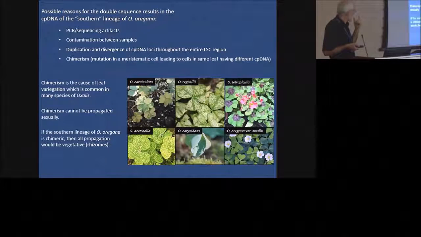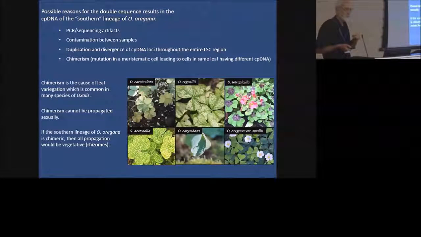Now, this has an implication because chimerism is not propagated sexually. It can only be propagated vegetatively. So this implies, perhaps, that the vast majority of propagation in the southern lineage is vegetative. And we all know that Oxalis does a very good job of propagating through rhizomes.